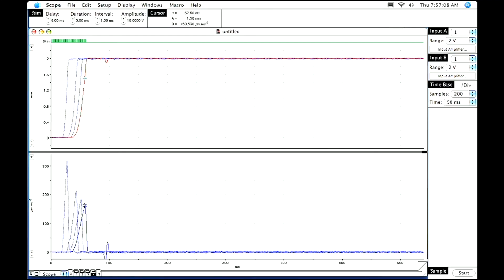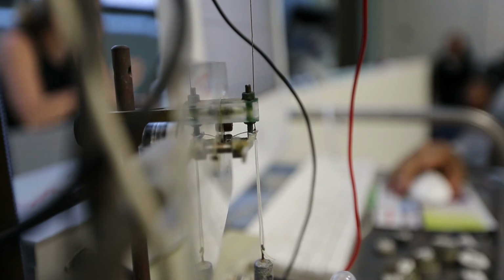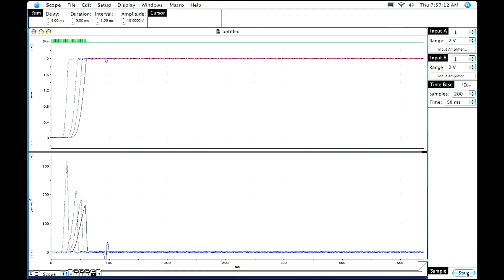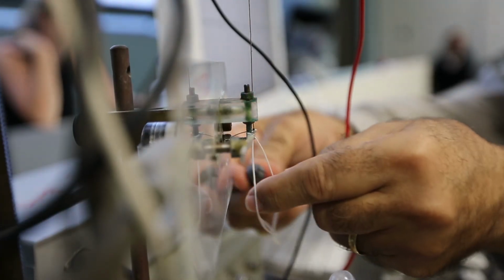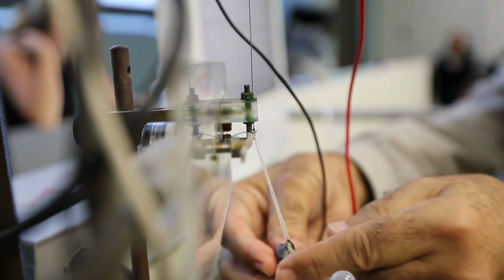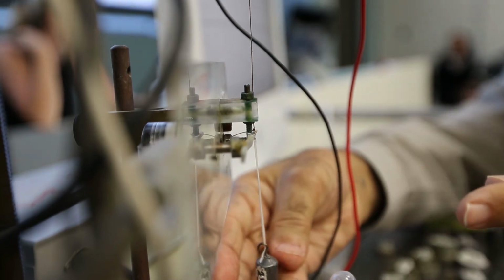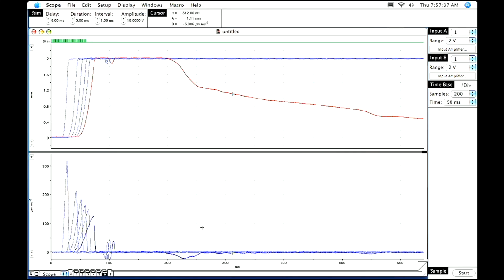It's struggling. 20 grams. 148, 25 grams, 121, so 30 grams, 106.